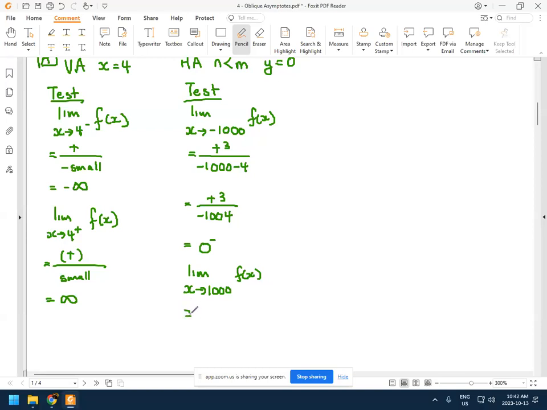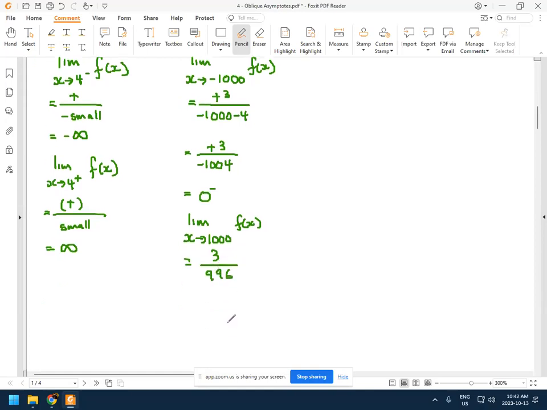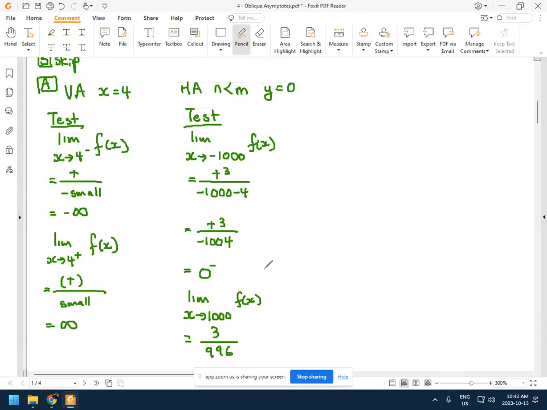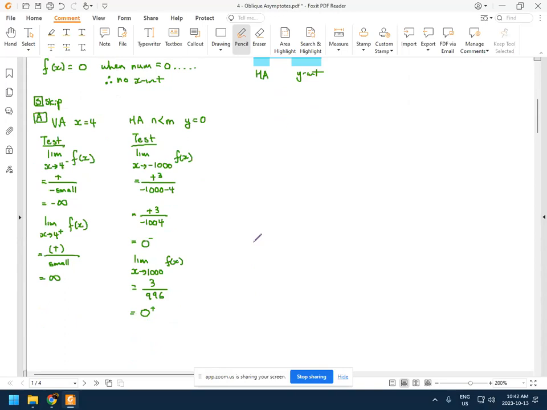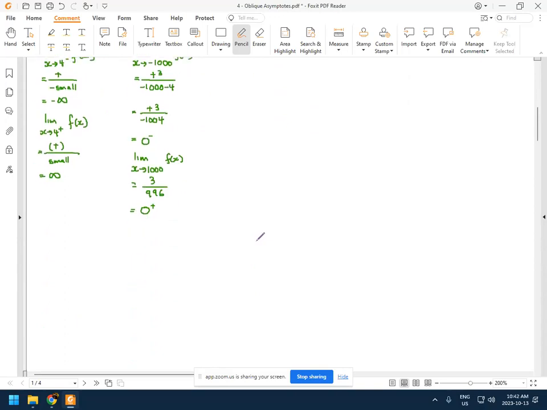So that would be, the 3 is on top, and 1,000 minus 4, that's like 996, right? That's basically equal to 0, but it's slightly above 0. There it is.